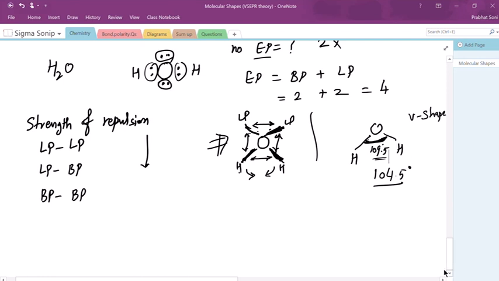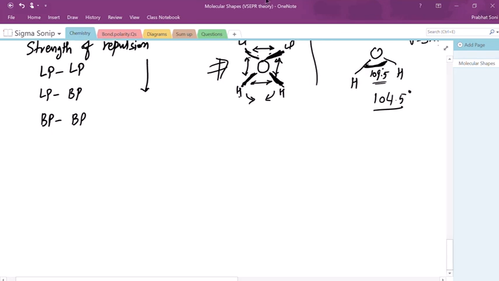Just to recap, methane has a tetrahedral shape and the water molecule has a V shape. Next we look at ammonia, which is NH3. The first thing you always do is draw the electron dot diagram. Very important.